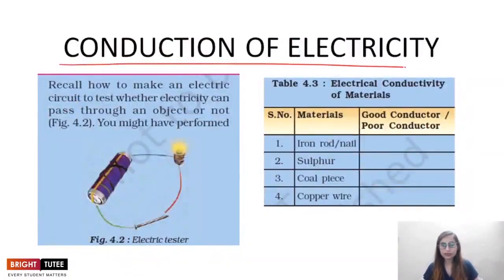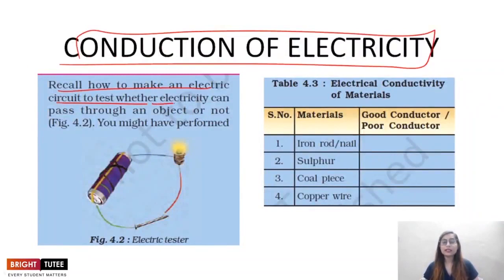Now conduction of electricity, discussing it in detail. Now recall how to make an electric circuit to test whether electricity can pass through an object or not, right? You made an electric circuit to see if the substance conducts electricity or not. So this is the activity. This is a cell. This is a bulb.